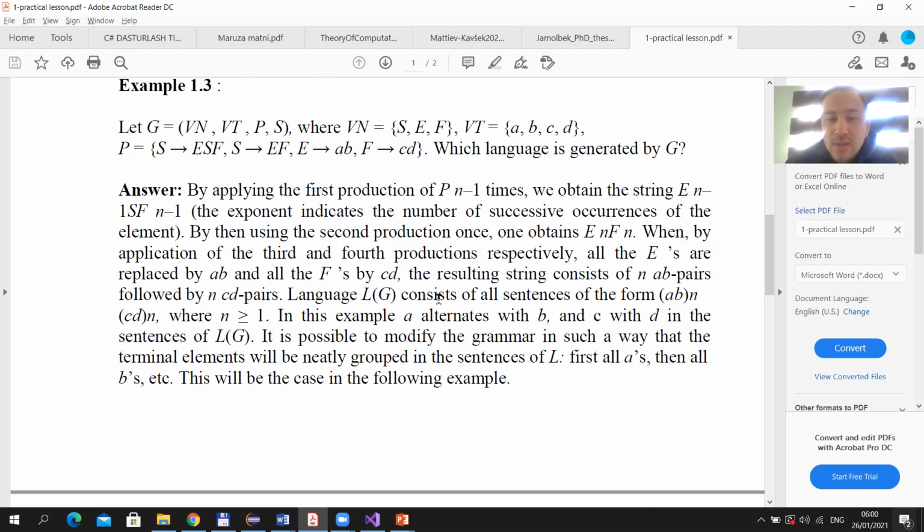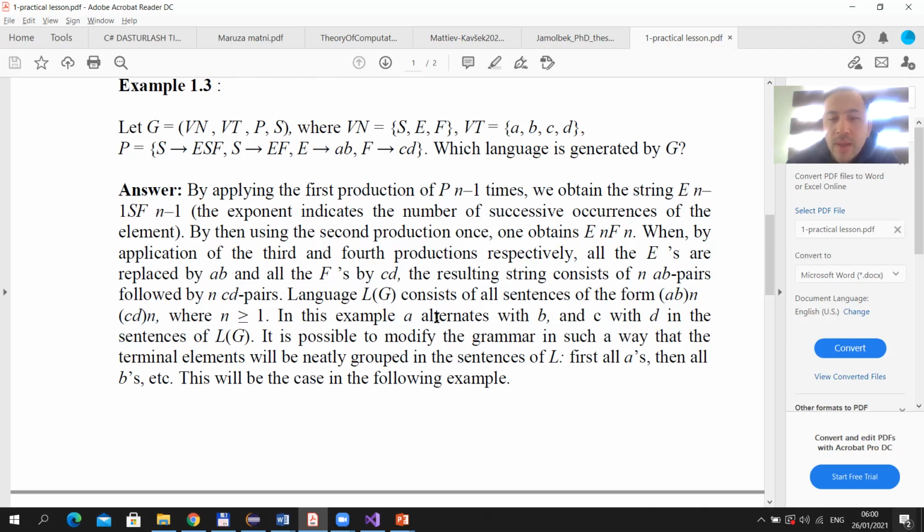The language L(G) consists of all the sentences of the form (AB)^n followed by (CD)^n. If n is equal to 3, then AB, AB, AB, CD, CD, CD, where n is greater or equal to 1.